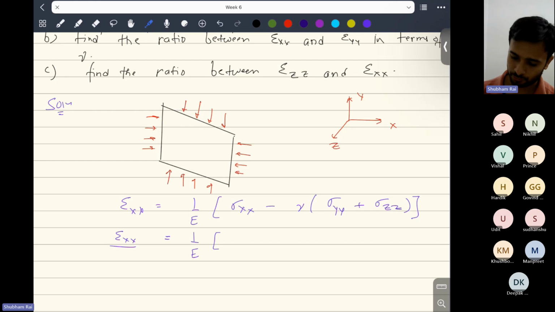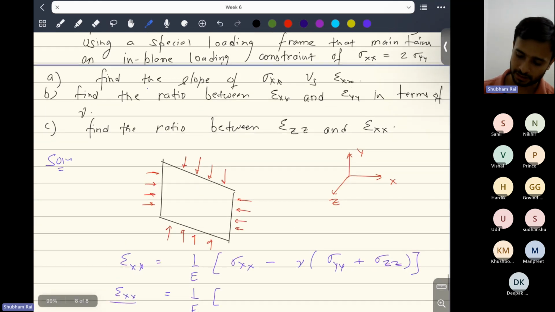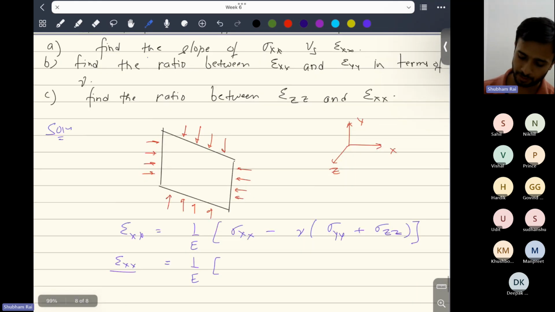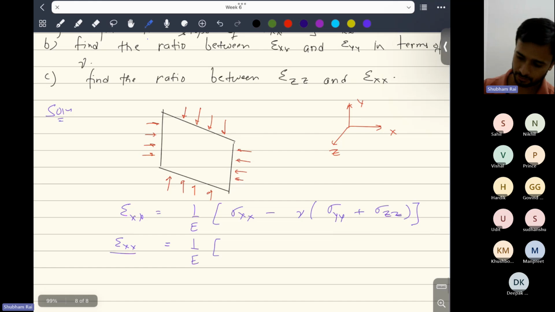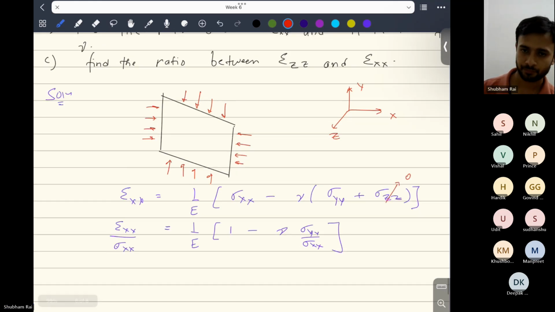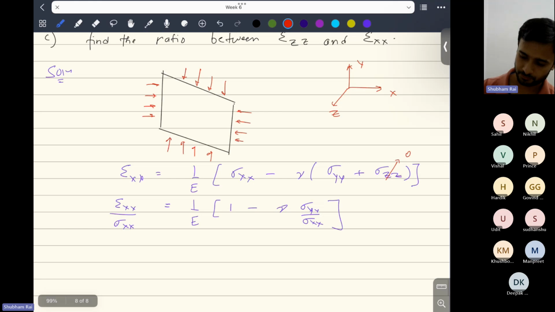You need to find out the slope of sigma xx and epsilon xx, so I'm just finding the ratio of epsilon xx and sigma xx, and I'll get the slope also. So epsilon xx over sigma xx will be 1 minus mu times sigma yy over sigma xx, right? And sigma zz was 0, so this has been substituted as 0. If you now solve this, this is 2.